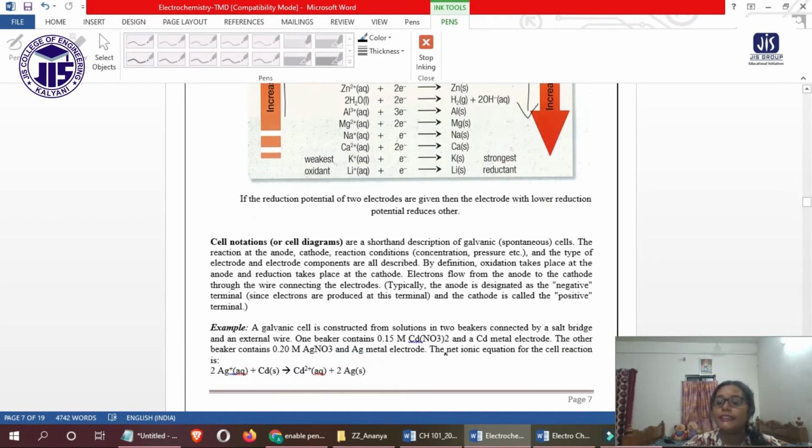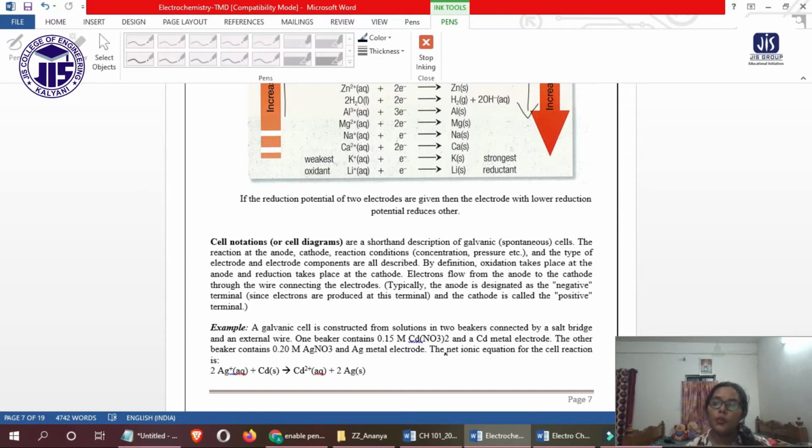This series is very important, because while constructing the cell, according to this series, we can select which metal will be the anode and which metal will be the cathode.